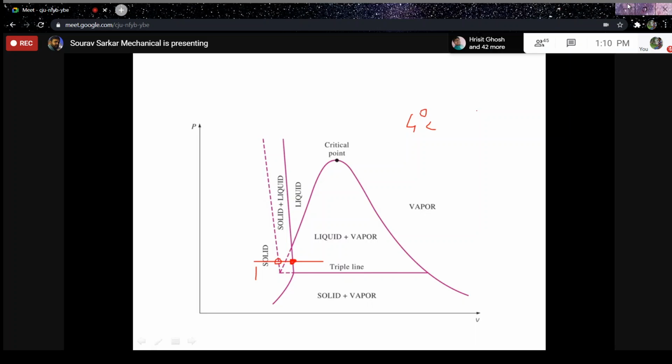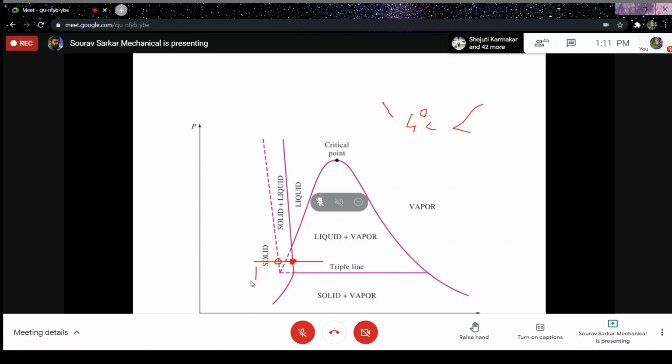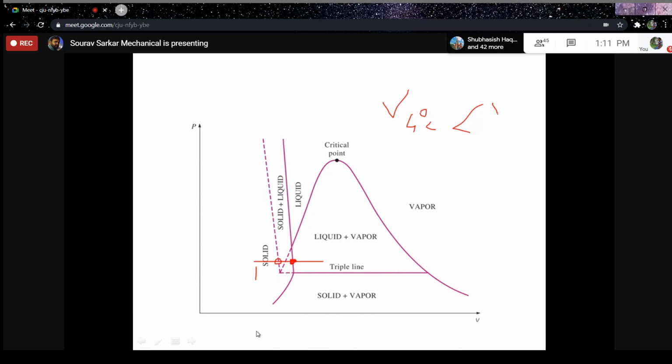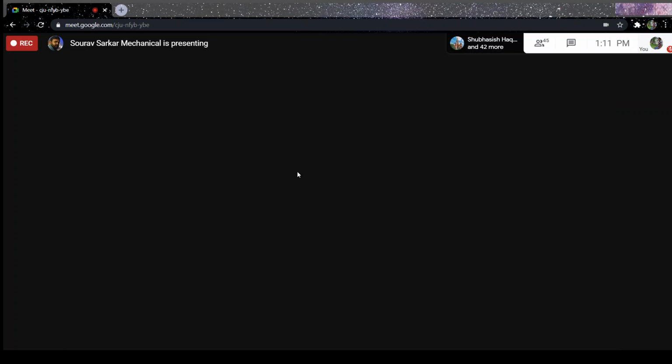Liquid at 4 degrees Celsius has less volume than liquid at 0 degrees Celsius. So due to this, you have to reach 100 degrees Celsius.